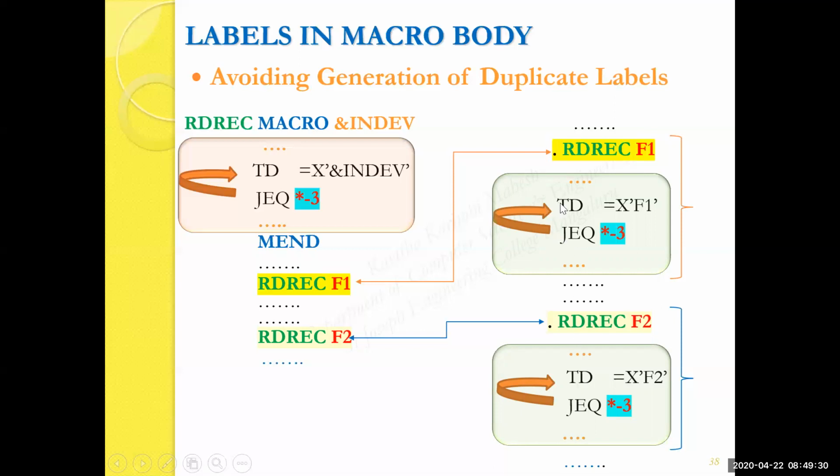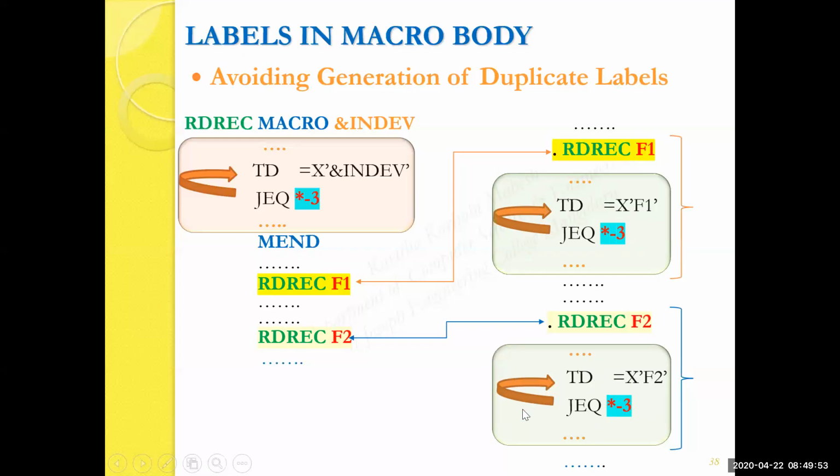So assume if TD had an address 1000, JEQ would have the address 1003. So JEQ star minus 3 would refer to the location 1003 minus 3, which is 1000, which is this instruction TD =X'F1'. Likewise, assume that the address at the location TD =X'F2' is say 2000.